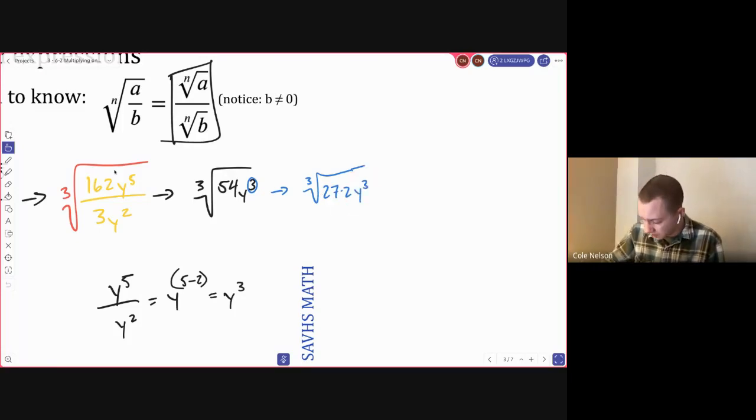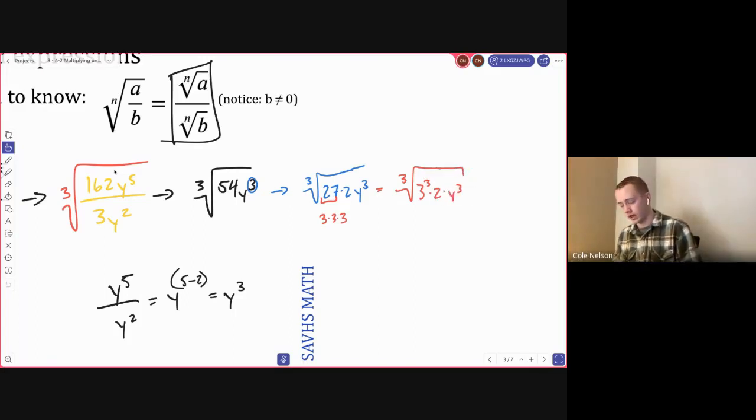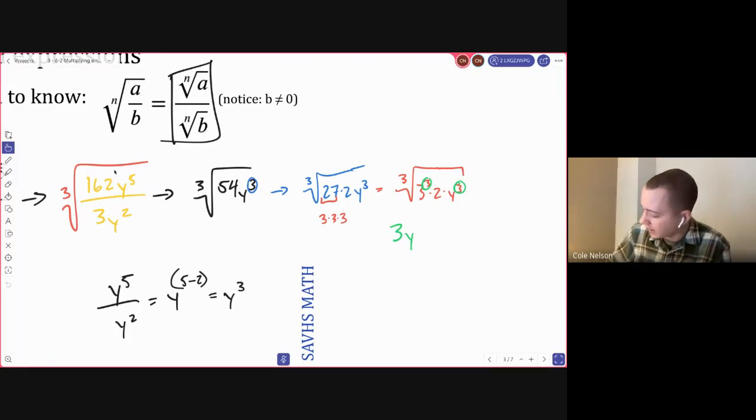And I know that 27 is 3 times 3 times 3, or 3 cubed. Okay, now anything that matches, take it out. So I have a 3y on the outside, and then on the inside of the radical, I still have a 2.